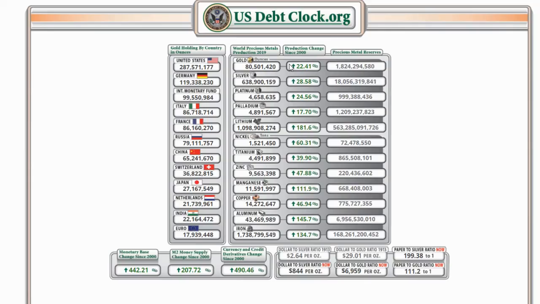And I think that's quite fascinating to see how much more precious metals have been found in the ground. And even more than gold, much more silver has been produced. 28.58% increase. It's almost a 30% increase there. And you can see that translates here to the precious metal reserves and the like. But a lot of increase in these metals. In fact, all of these metals have seen increases.